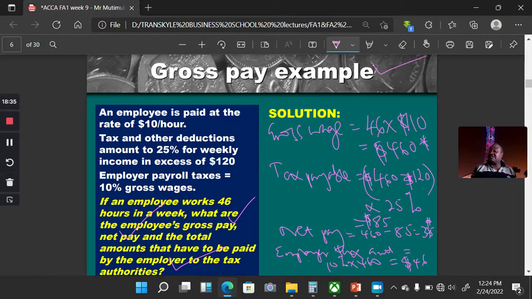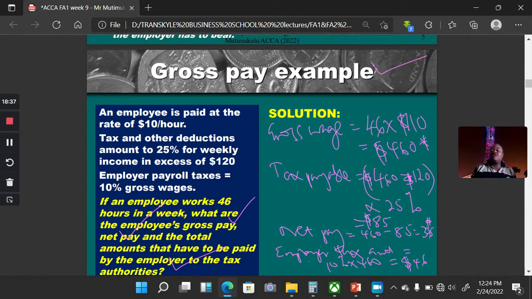But sometimes the examiner would say how much in total is going to be paid to the tax authority, not only by the employer but including the employee. If it includes the employee's tax liability, you will discover that the tax authority is going to receive both the employee's tax liability of $85 and the employer's contribution or tax liability of $46.